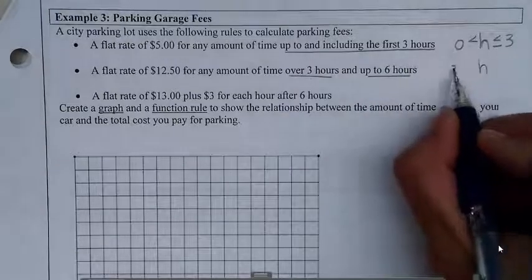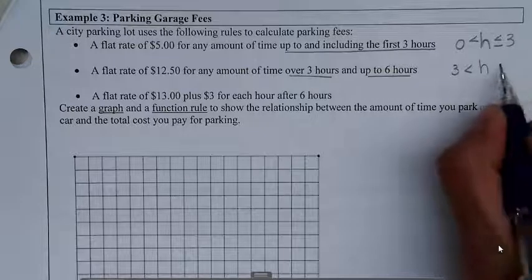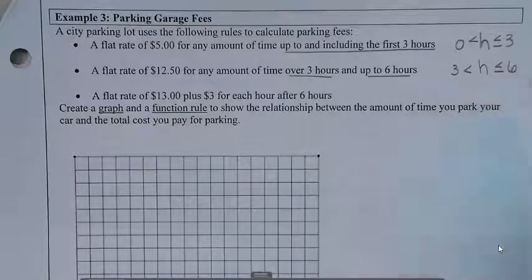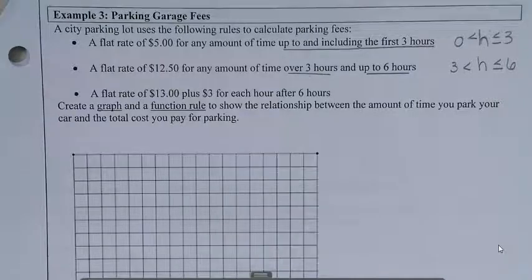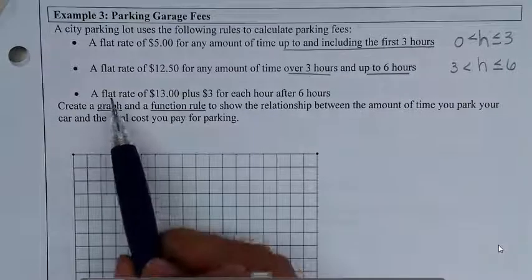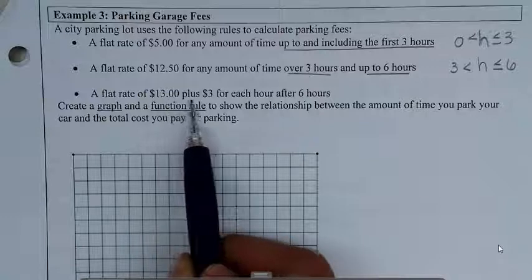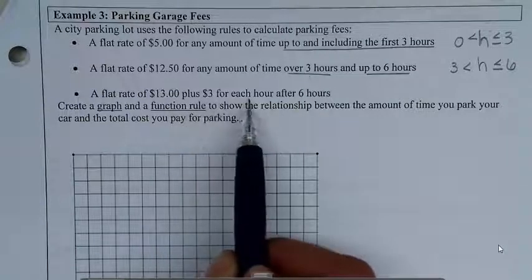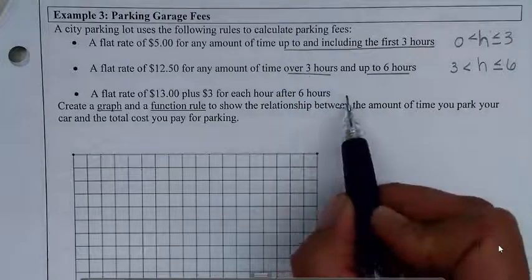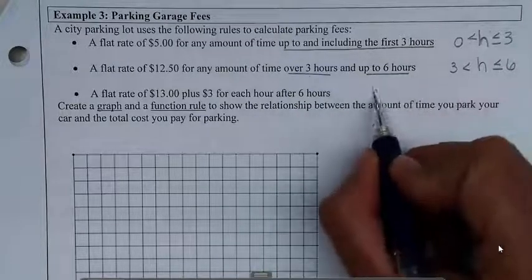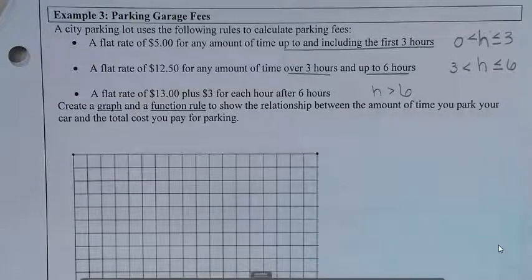So greater than 3 hours, but I could be equal to 6 hours, right? Because it's up to 6 hours. And then a flat rate of $13 plus $3 for each hour after 6 hours. So for this last piece, my domain then is anything greater than 6 hours. Okay, so that's going to be useful while we're graphing this.